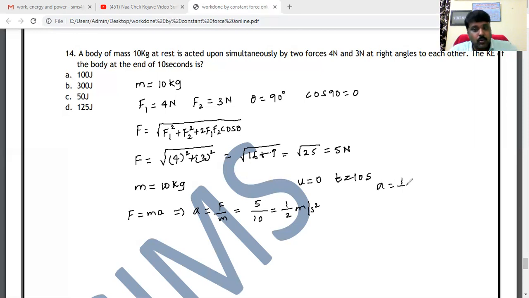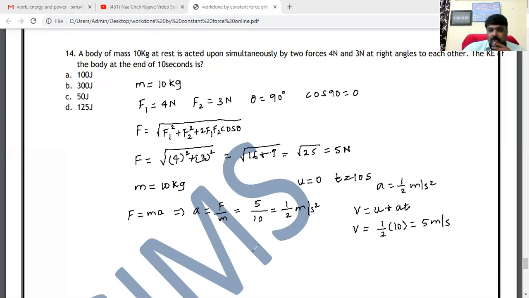A equals 1 by 2 meters per second square. Now what are we supposed to find? Let us find the final velocity. From the first equation of motion, v equals u plus a into t. As u is 0, a into t, half into 10, that equals 5 meters per second.